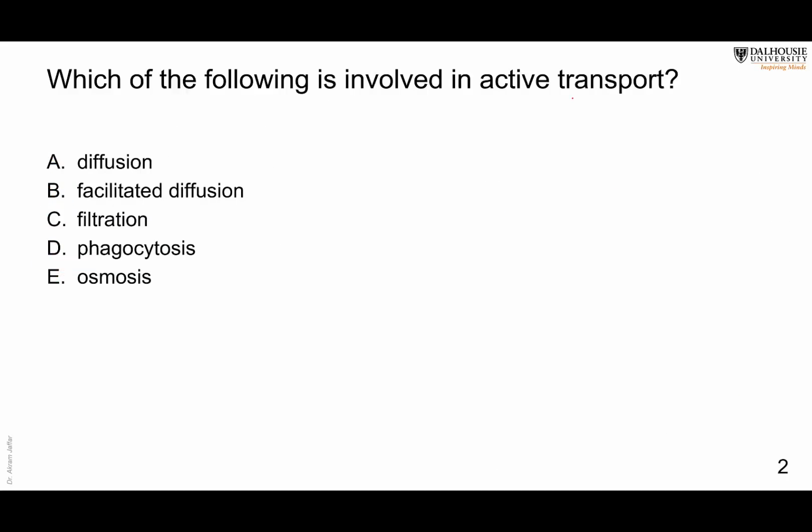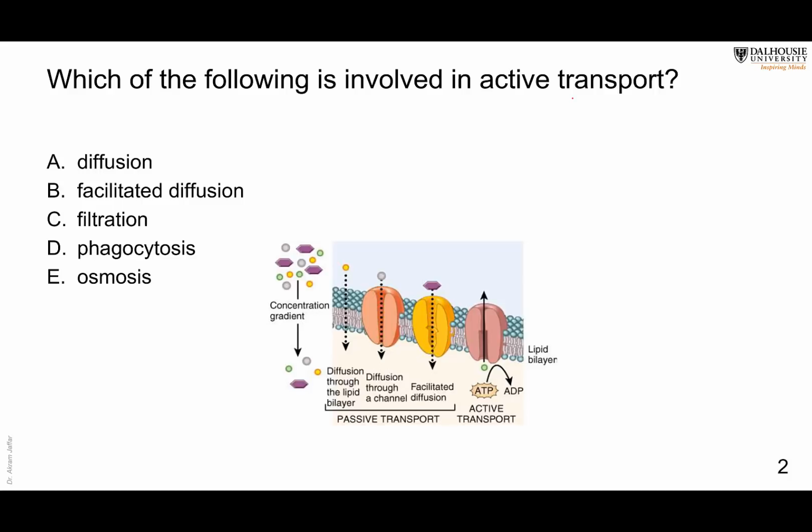Which of the following is involved in active transport? Active transport is the process that requires energy to transport substances through the cell membrane. Substances cross the membrane by a variety of processes, including passive transport, which is the movement of substances down their concentration gradient, driven by their own kinetic energy.